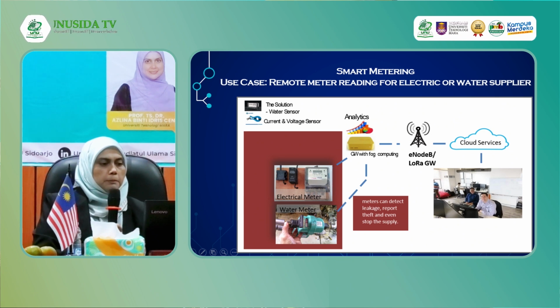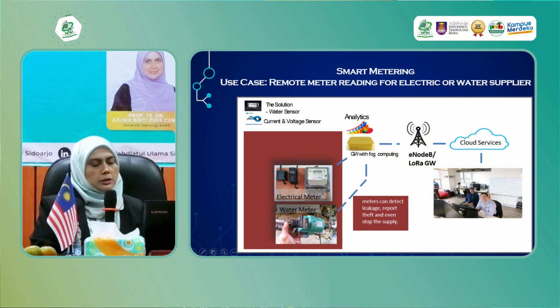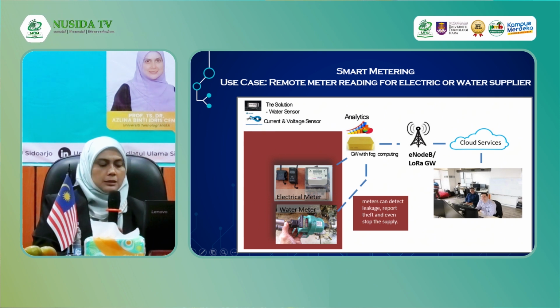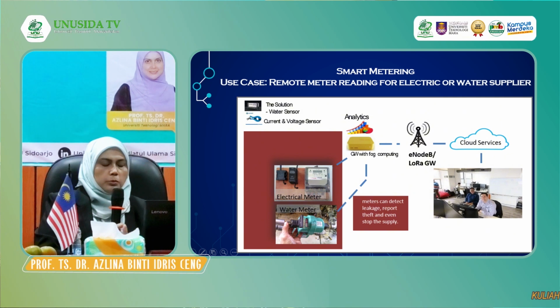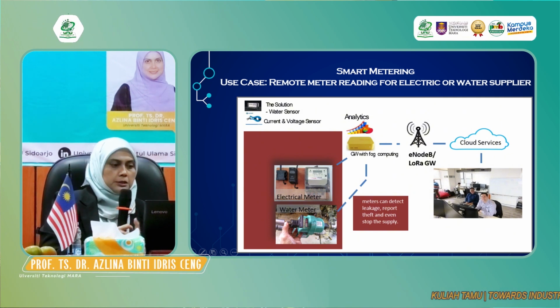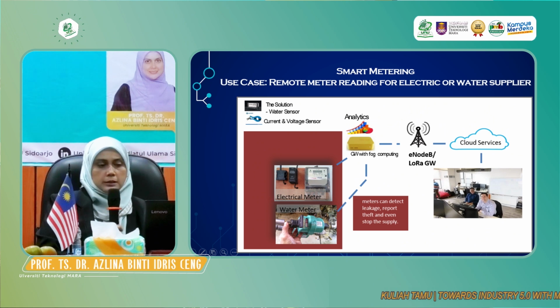Then the data will pass through the gateway with fog computing, and it will pass to the LoRa gateway, and it will pass to the cloud services. So at the center, we can monitor the condition of the water meter or electrical meter of the customer.